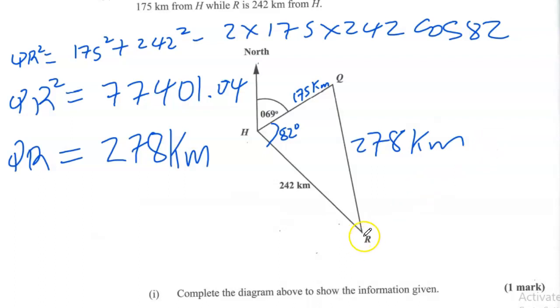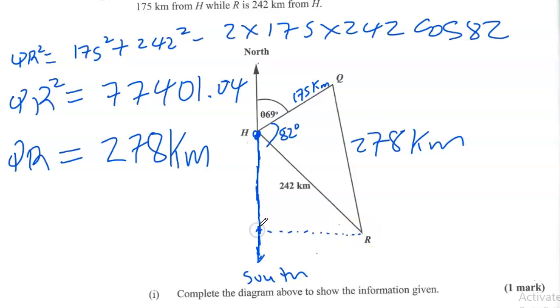Here's ship R. How far south? So of course you want this distance southwards. Here's H. If I go south, south is this direction, right? Opposite of north.